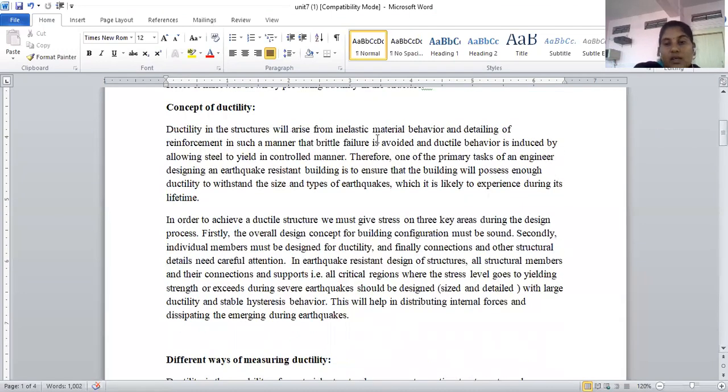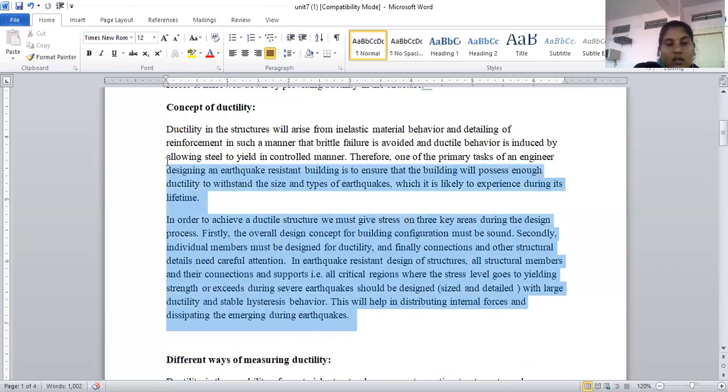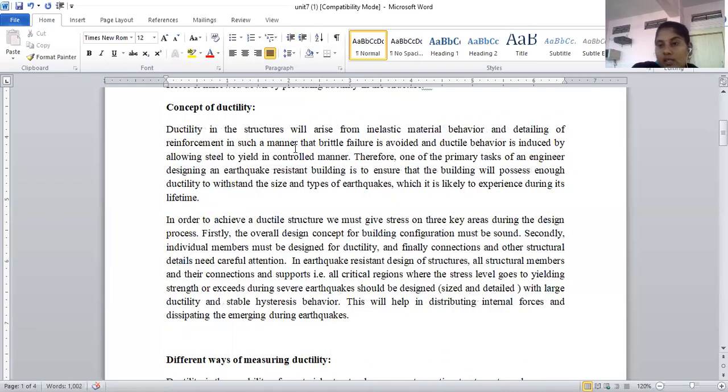Now there is the concept of ductility, so here we can go for this parameter, ductile detailing of RCC members. What is the behavior of the structure, of any material? There are two types of behavior of a material: one is ductile and the second is brittle. During dynamic loads, during earthquake loads on the structure, our material should be a ductile material.